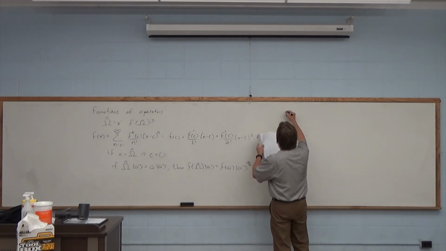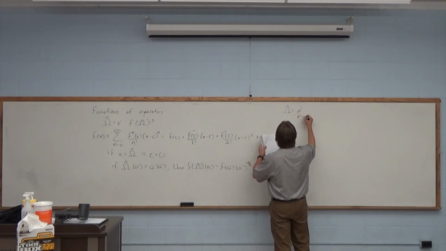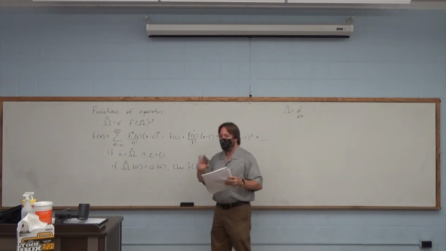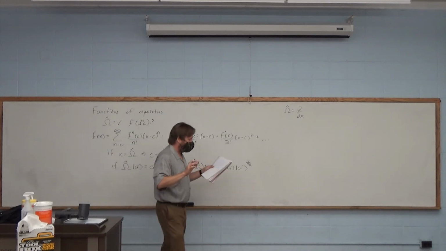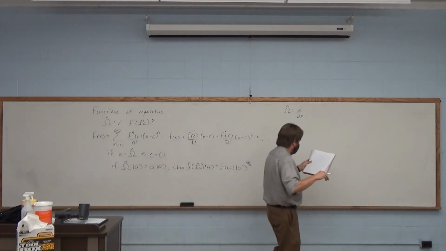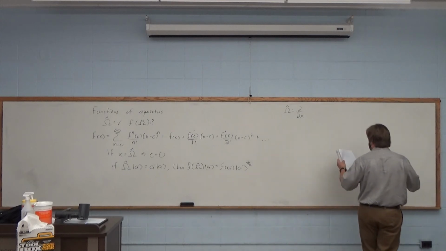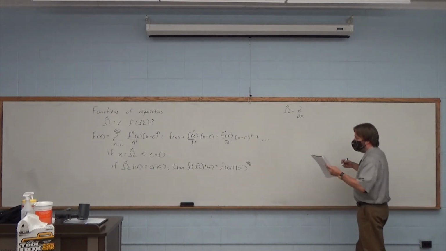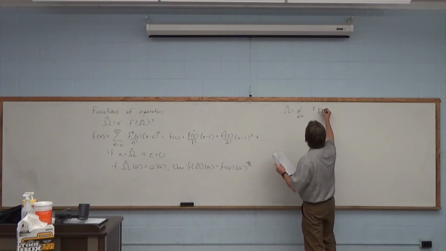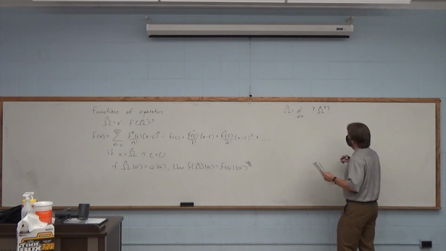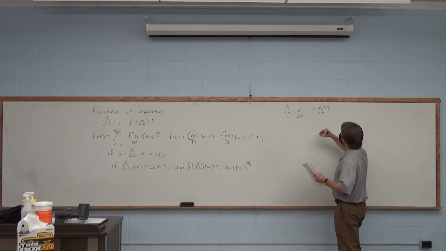Okay, so let's do the simplest example possible. Momentum. I'm not going to worry about h bar over i derivative. Let's not worry about h bar over i. That's just going to confuse me. I mean, you get the essential parts now. Okay. Now, the question is, what is this? Well, this is the operator.